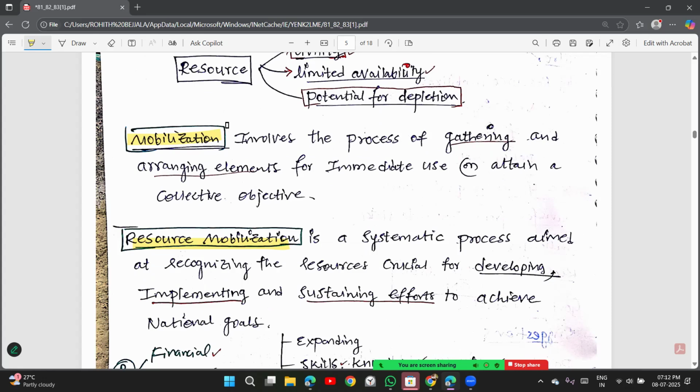As we know, -ization means process: crystallization, mobilization, digitalization. So how will you define mobilization? It's basically a process. It involves gathering and arranging different elements for immediate use, or to attain a collective objective. In that way, we can define it.